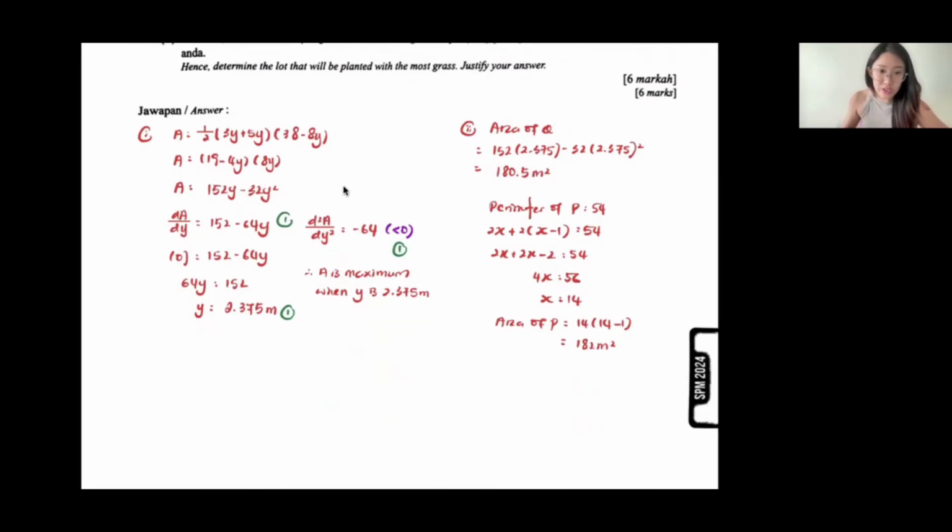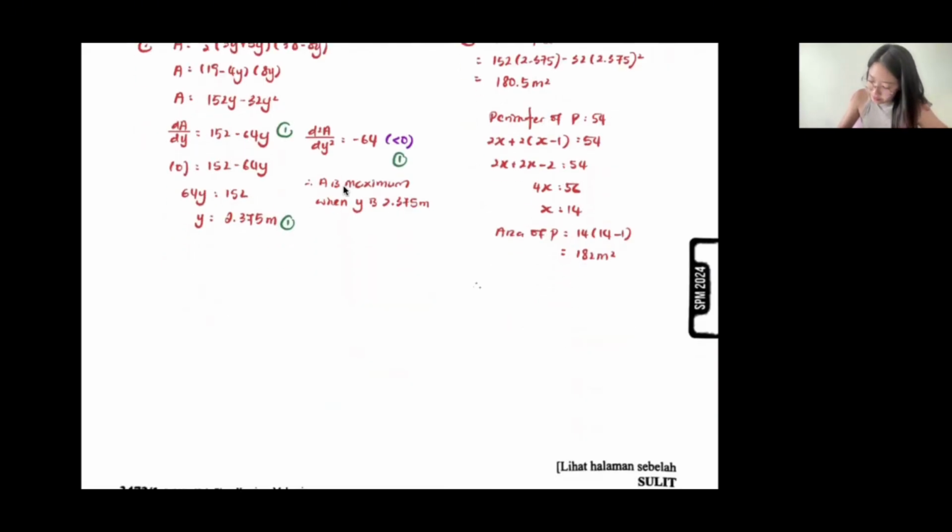You have to answer the question, so lot P will be planted with the most grass, because the area of lot P is bigger than the area of Q. Just like that.